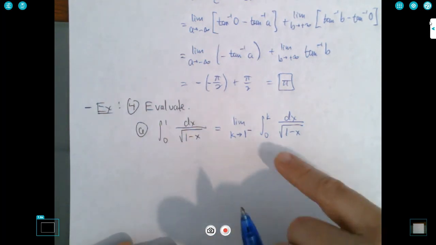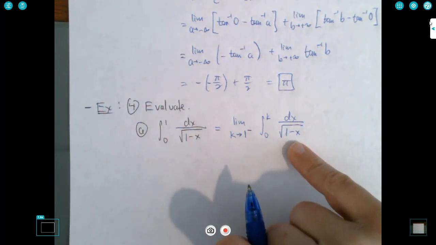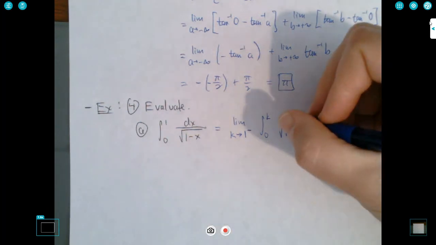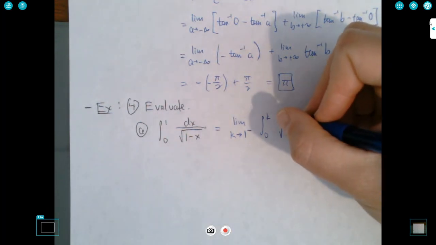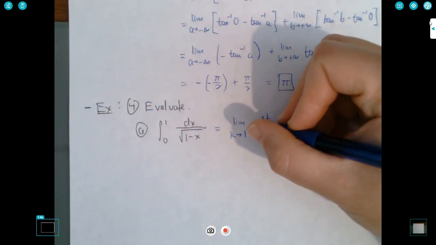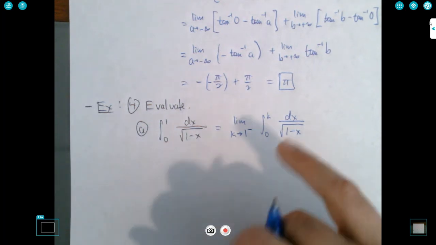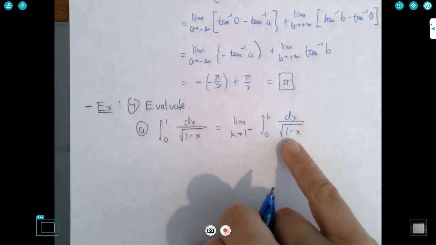Now, if I were to do a u substitution here, I would let u equal 1 minus x, and then du would be negative dx. So I can just hand myself a negative dx here if I put a negative sign out there. And this would just turn into 1 over square root of u, which would be u to the negative 1/2 power.